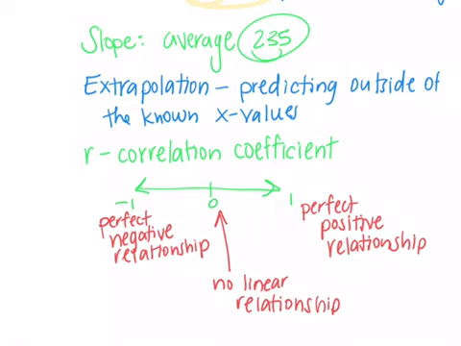Remember that scatter plots can show other things besides just a linear relationship, but our r value that we are predicting with is only intended for lines. So when you get a low r value, that doesn't mean there's no relationship at all, but it means that that relationship is not likely linear.